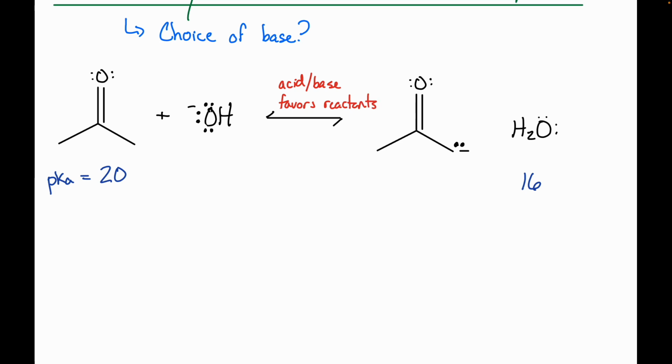And in fact, this 4-point difference in pKa here, devil's in the details in terms of your concentration of base, but roughly speaking, means that 99.9% of that organic molecule would remain in that ketone form, and only 0.1% would be converted to these enolates. All right, so is this a very efficient reaction for creating enolate ions?